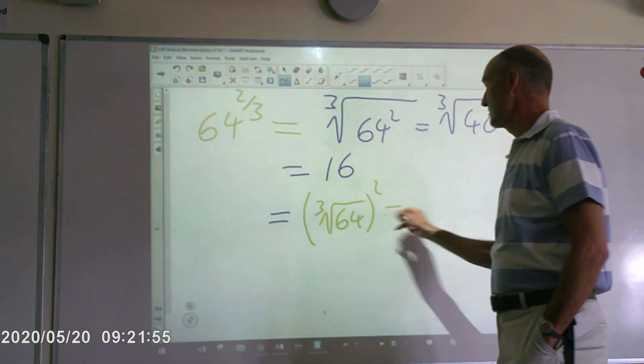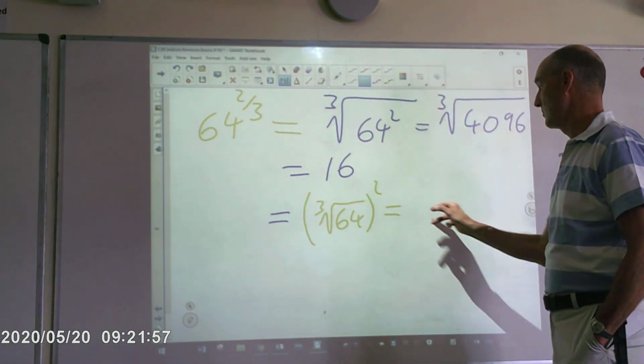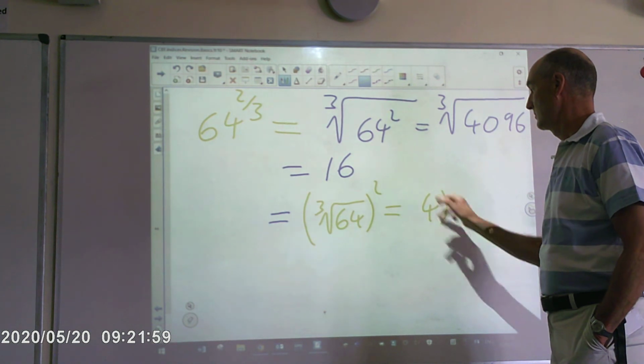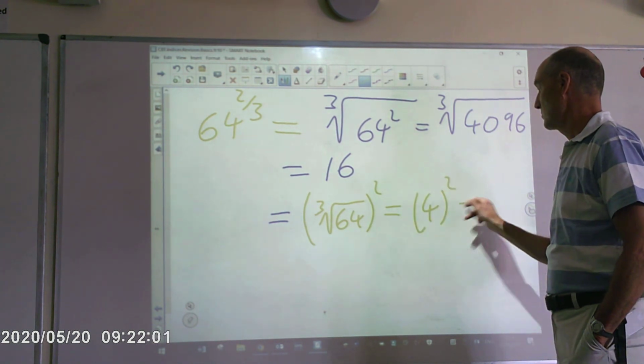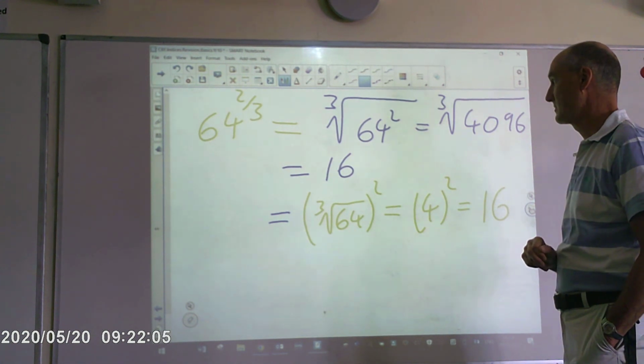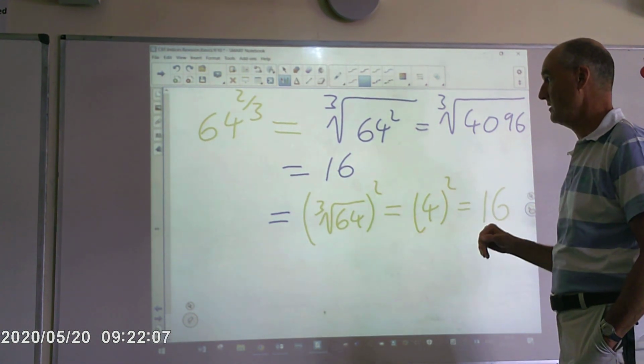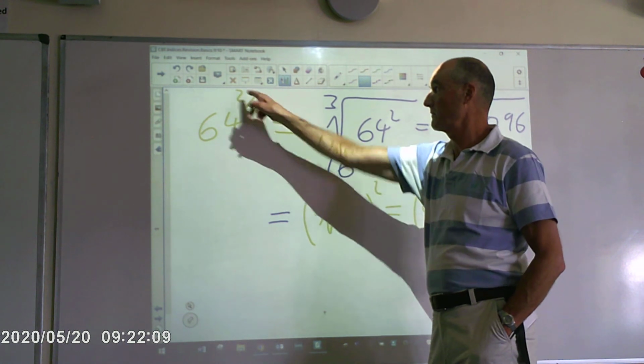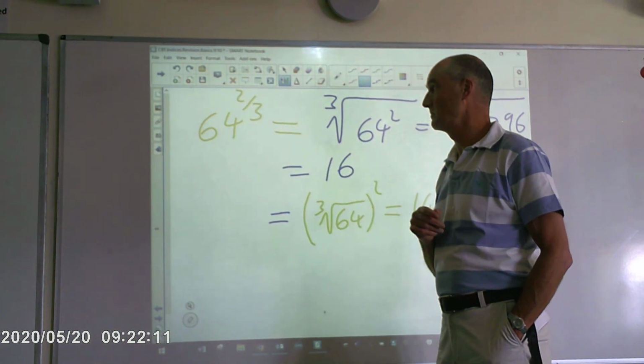Cubed root of 64 is 4. Square our 4 and we get back to 16. Okay, so 2 examples there of this fraction of powers.